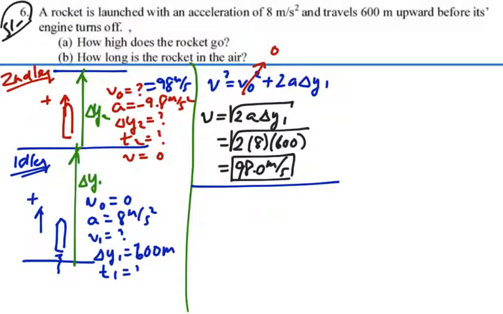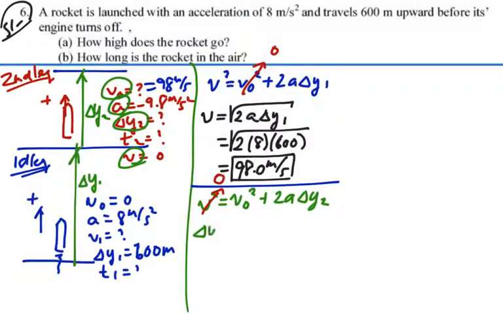Hence, we can find our second displacement because we know our initial velocity, we know our acceleration, and we know our final velocity, and we want to find our displacement. So we can use kinematic equation number 3 again. Final velocity squared equals initial velocity squared plus 2 times acceleration times delta y2, and we want to find delta y2, knowing that our final velocity for the second leg will be 0 because we're going to come to rest when we reach the maximum height.